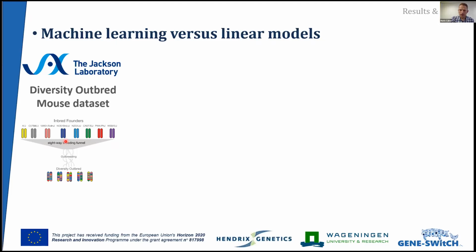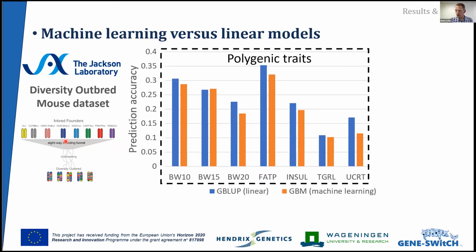The interesting thing about this data is that very many different traits have been recorded on it. So we applied GBLUP, which is the straightforward linear genomic prediction model, to a number of traits, but we also applied a machine learning model, because our aim here was actually to develop machine learning models for genomic prediction.